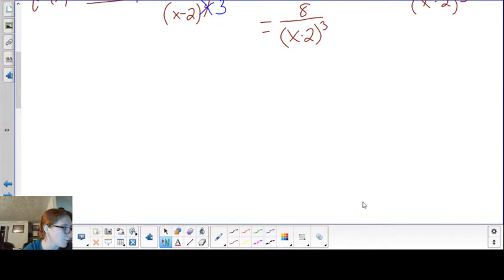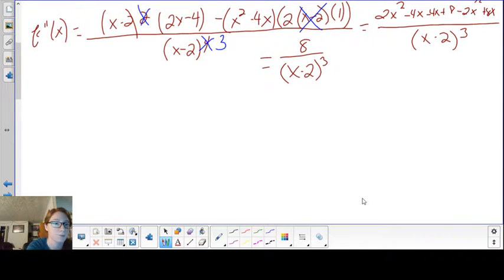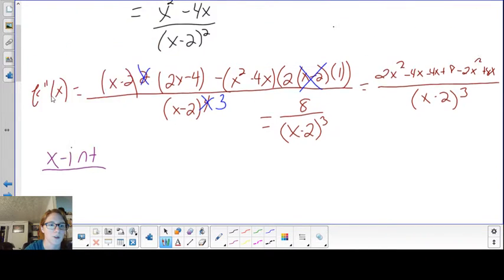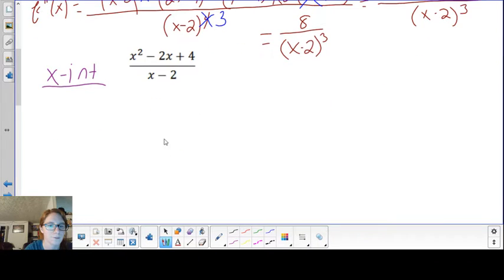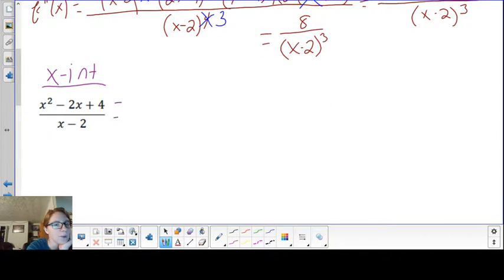My next step is to find the x-intercept, and that is where y equals 0. So I'm going to take my original problem and set that equal to 0. Essentially I'm just taking the top and setting it equal to 0.